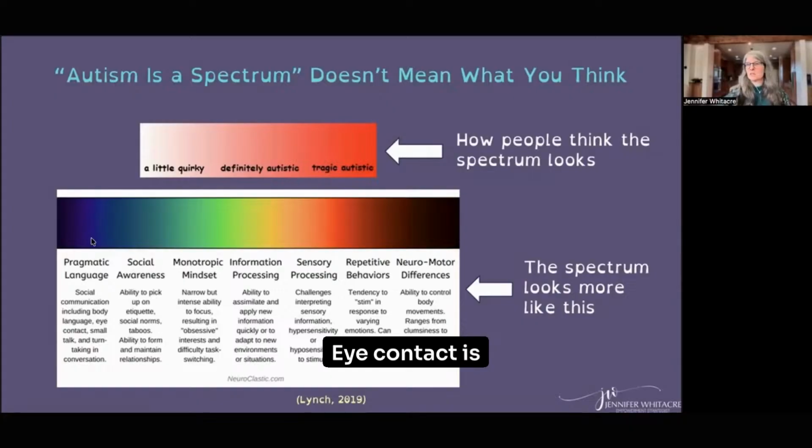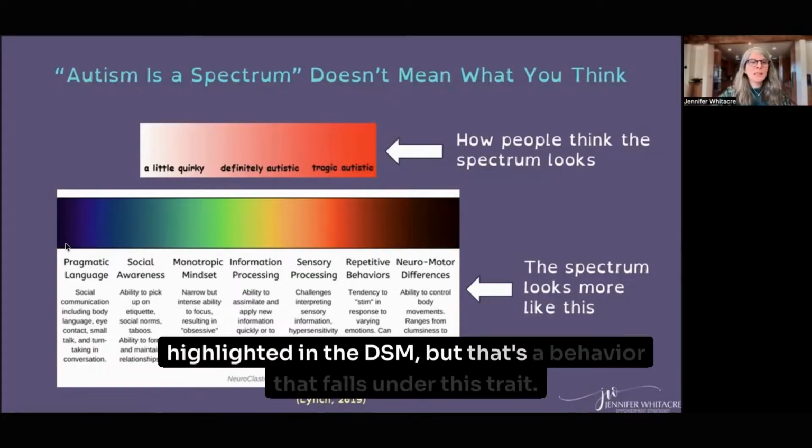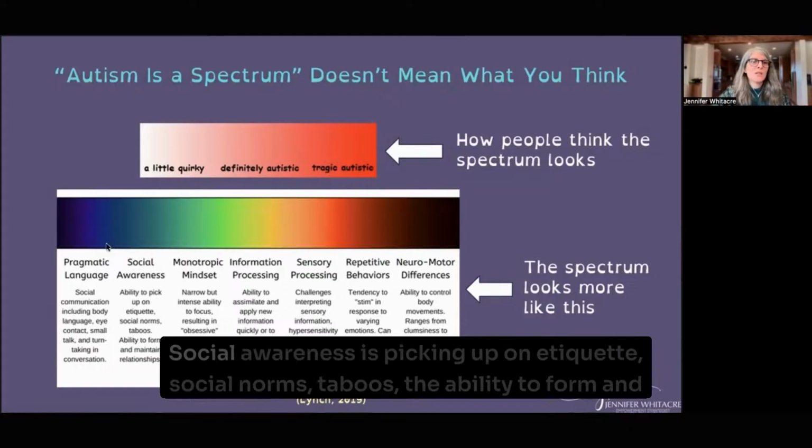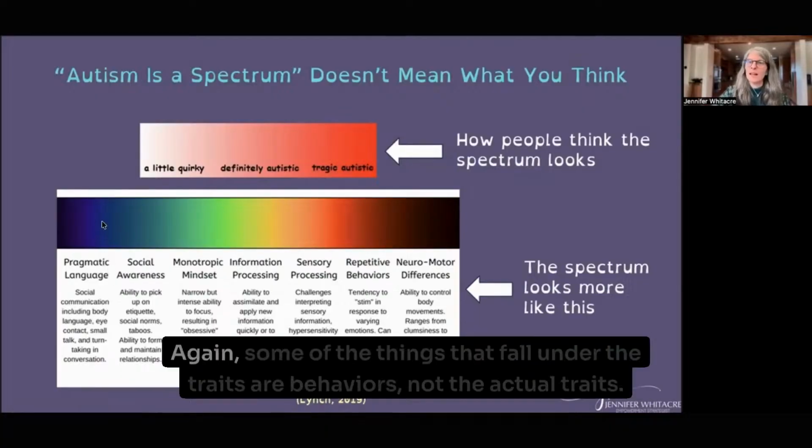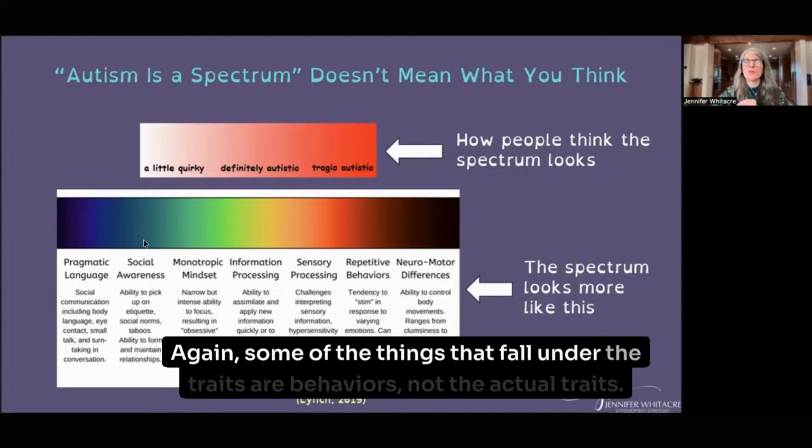Eye contact is highlighted in the DSM, but that's a behavior that falls under this trait. Social awareness is picking up on etiquette, social norms, taboos, the ability to form and maintain relationships. Again, some of the things that fall under the traits are behaviors, not the actual traits.